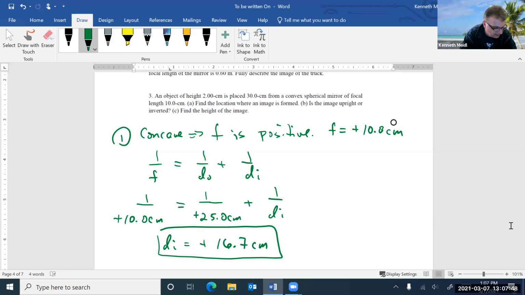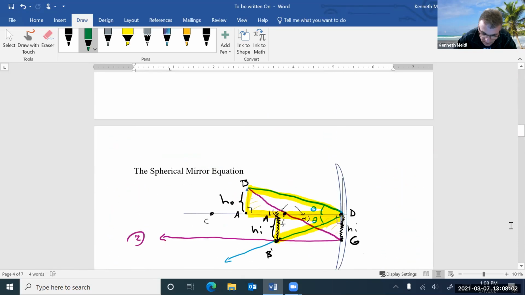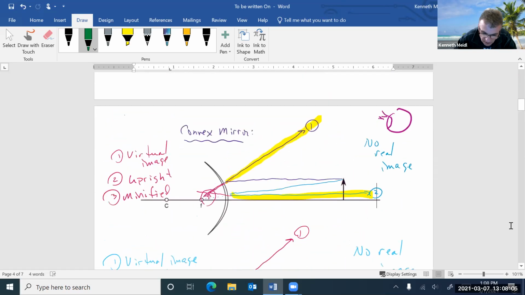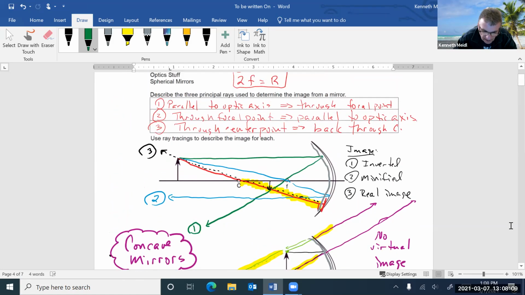So now I'm looking at the sign conventions. It says the image distance is positive if the image is on the reflecting side of the mirror. So the image is on the reflecting side of the mirror. I'm going to go backwards in time here. Who says time travel is not possible? I'm going to go back to a concave mirror, and that looks like the first diagram that we have here.